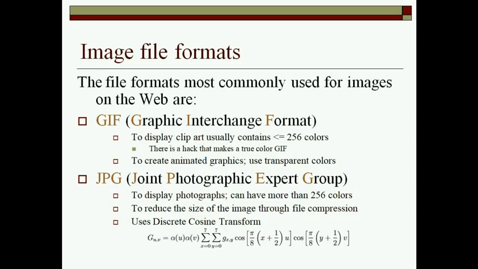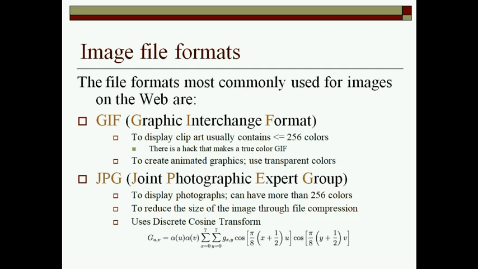Image files. You can specify an image as a resource to be included in the rendering of a web document. The most common formats that we have are the GIF and the JPEG. There are other formats, the PNG, Portable Network Graphics, and other newer formats, but the GIF and the JPEG are the most common ones.